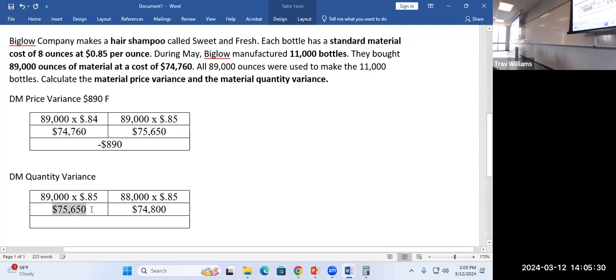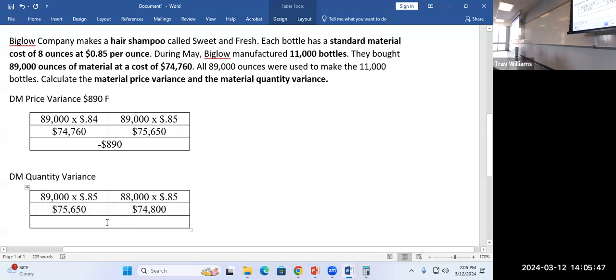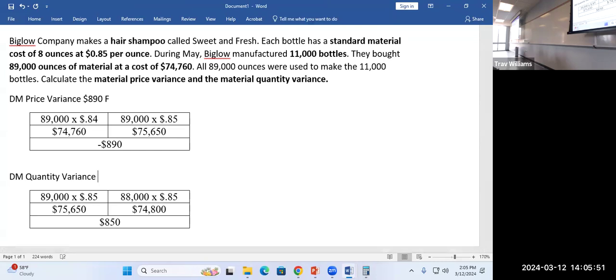We're going to take the left side, subtract the right side. And that gives us $850. That is a positive number, so that's unfavorable, correct? Okay, so our quantity variance is 850 unfavorable.